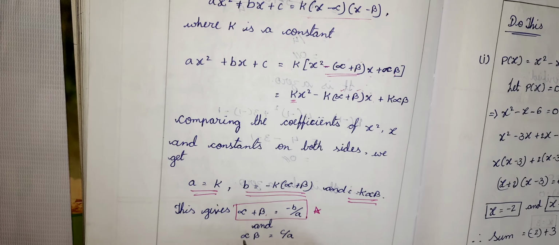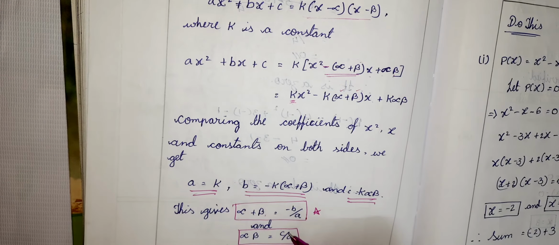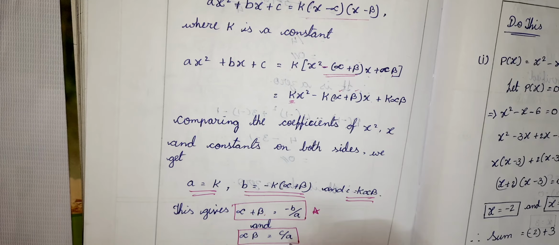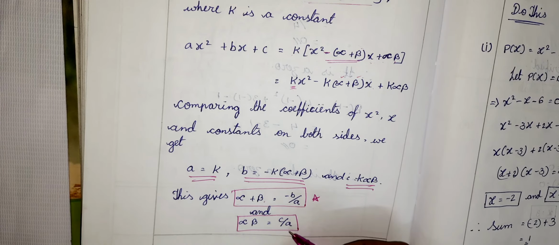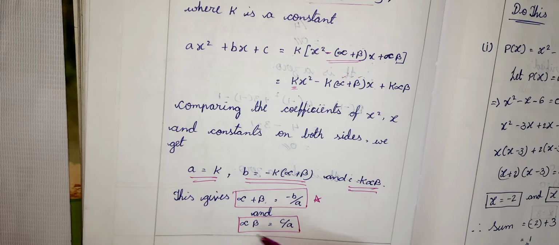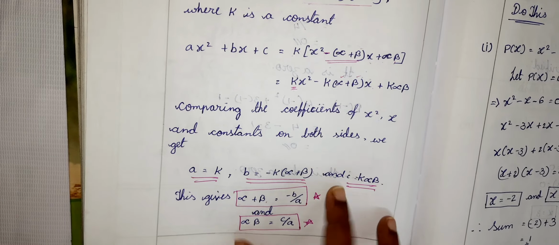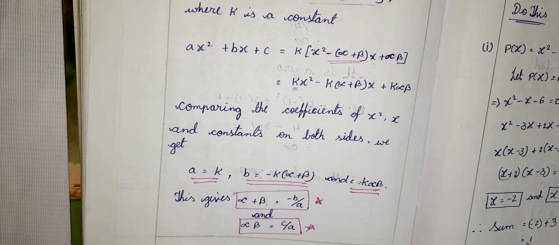At the same time, alpha beta is equal to c by a, the constant term c and the coefficient of x square a. These two are related to the roots as: product of roots is equal to c by a. Right? Please note this down while you are revising. This is a very, very important concept.